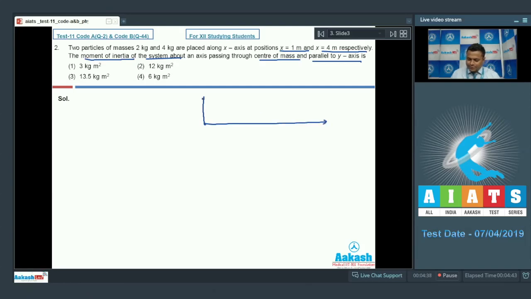This is the coordinate axis. Suppose we are having y-axis, x-axis, origin. Particles are at x equal to 1 and x equal to 4. 2 kg right here, 4 kg right here. Now we can write the coordinate of center of mass, that is only x center of mass will be here. XCM given by m1 x1, that is 2 into 1 plus m2 x2, 4 into 4 divided by total mass, that is 6.